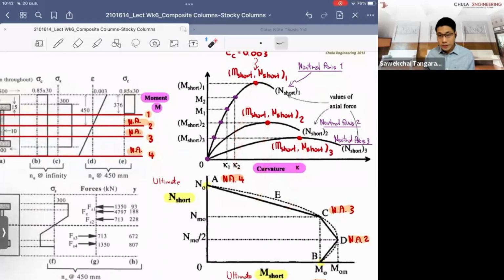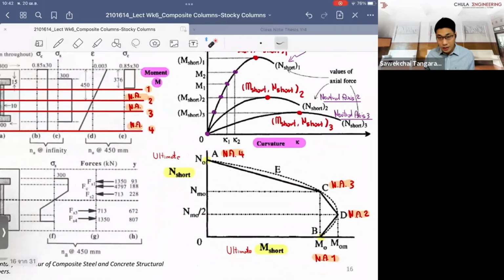We take the ultimate capacity and plot it in our interaction diagram. So the meaning of the interaction diagram is that it gives the envelope of the ultimate strength at any possible neutral axis depth, and the curvature that reaches the maximum capacity for that neutral axis.